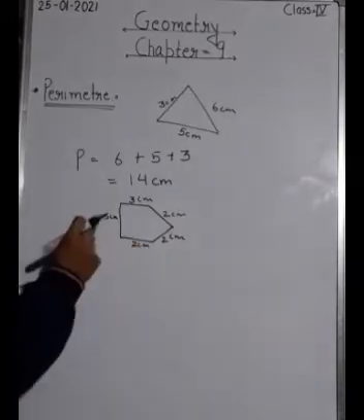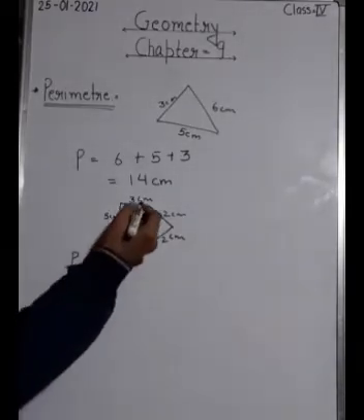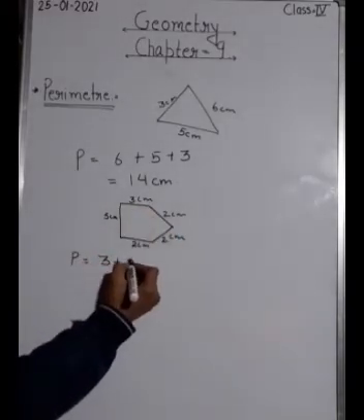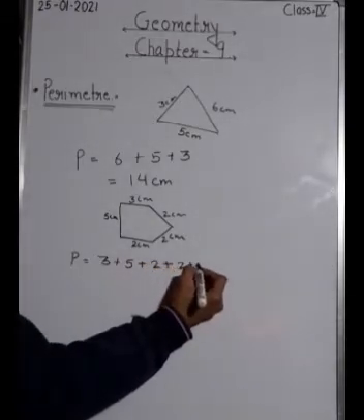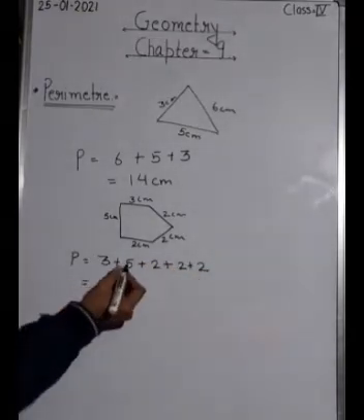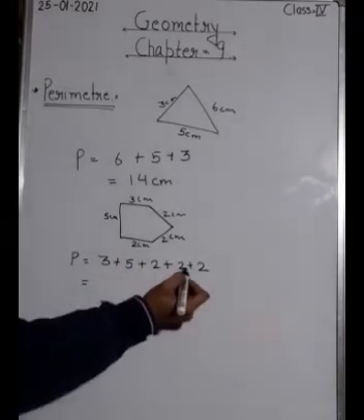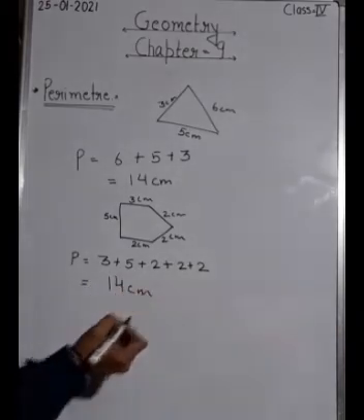So how will you find it? You have to add all of them. So it will be 3 plus 5 plus 2 plus 2 plus 2. So 5 plus 3 will be 8, 10, 12, 14. This will be 14 centimeter.